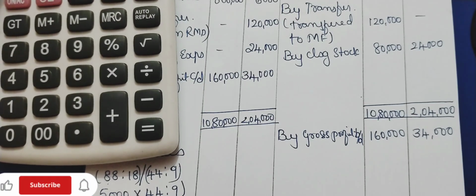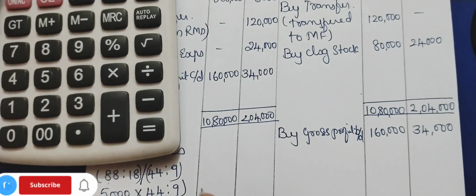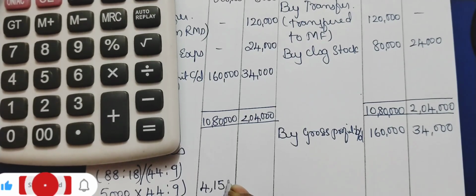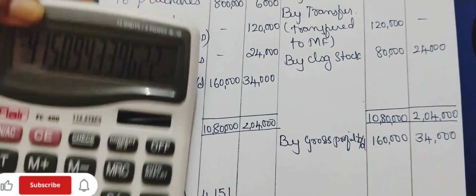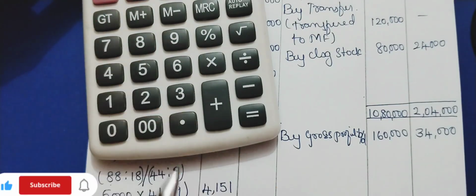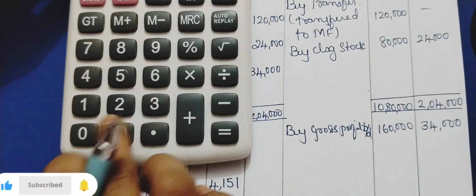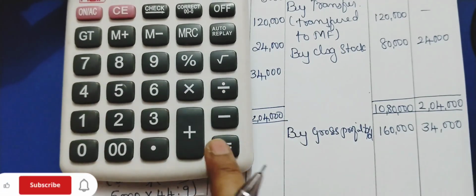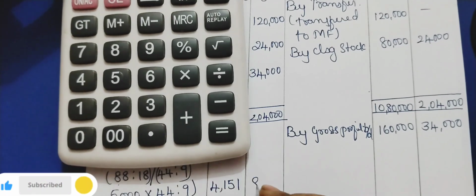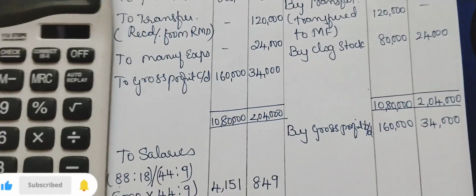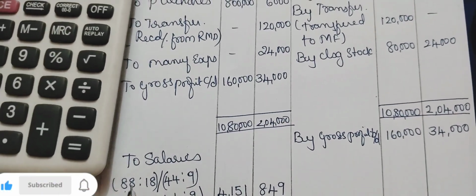Now 5,000 into 44 divided by 53 is 4,151, we take it rounded up. Then from this total you can minus, or else you can calculate 5,000 into 9 divided by 53, 849. Yes.